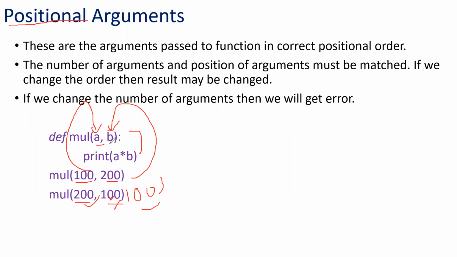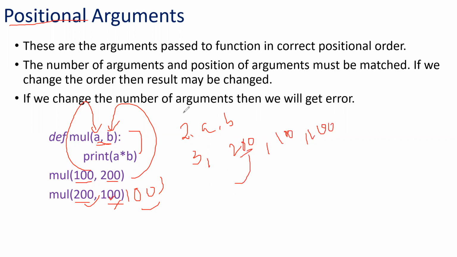Here the input parameters are only two, A comma B, but the input values are 200, 100, 100. We are dealing with 3 values. What happens?